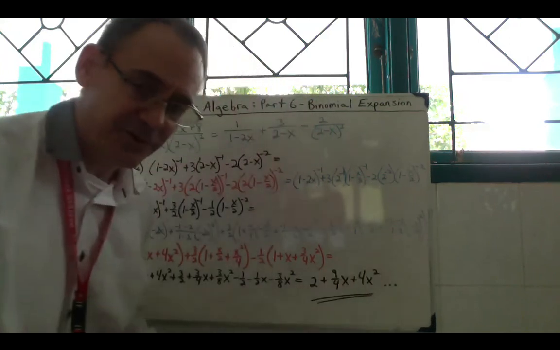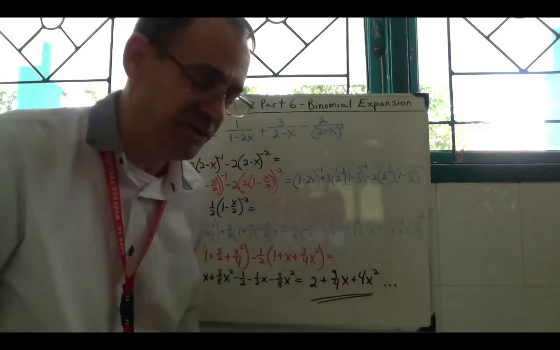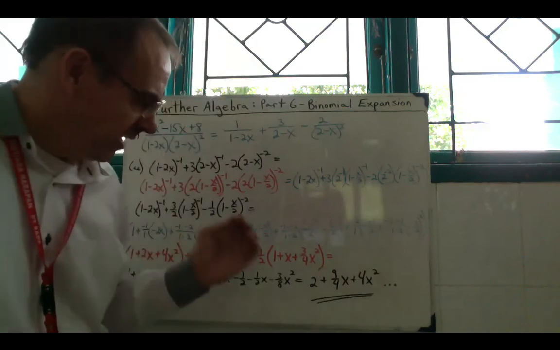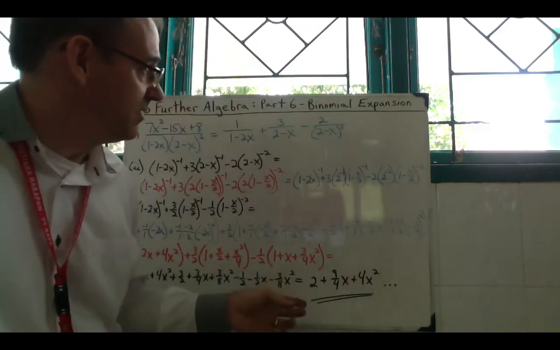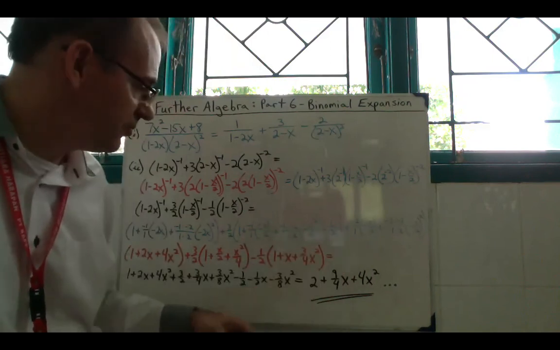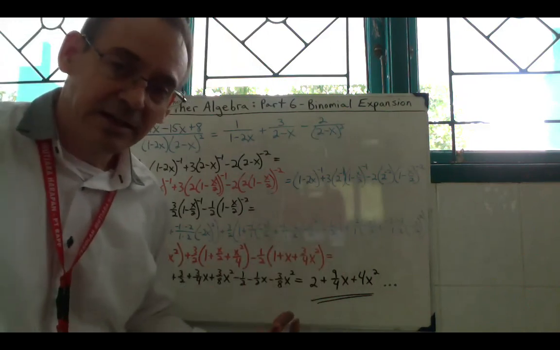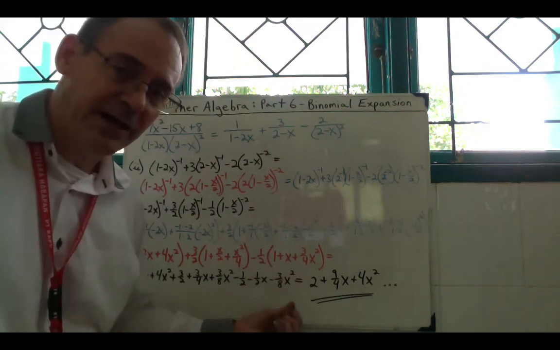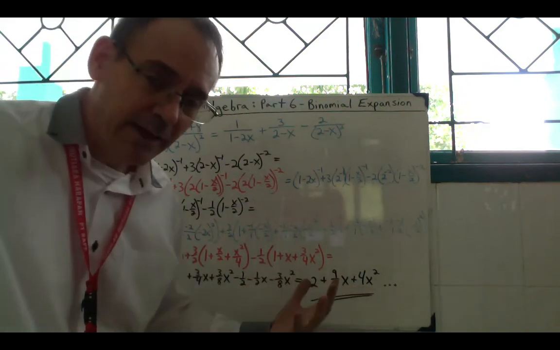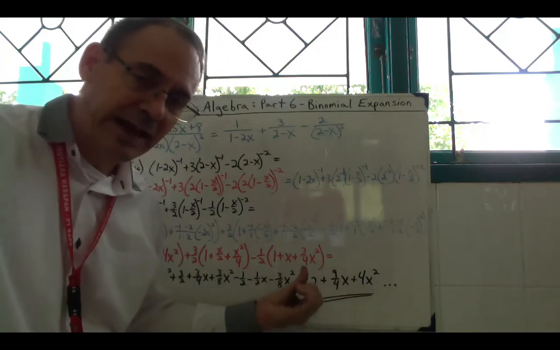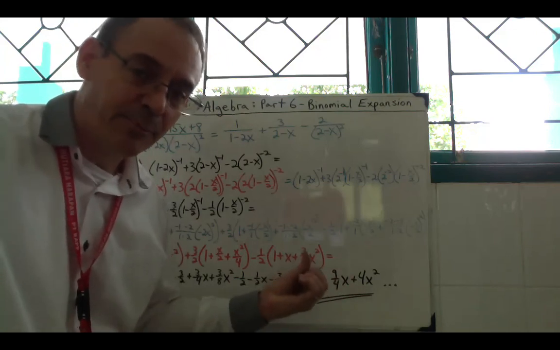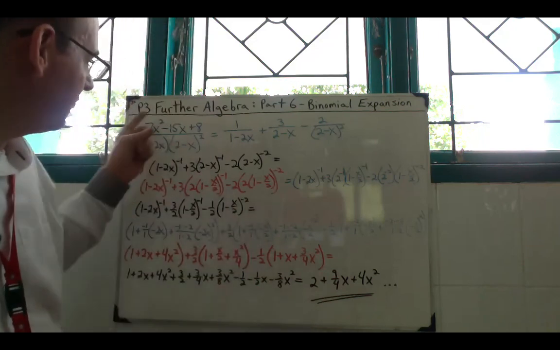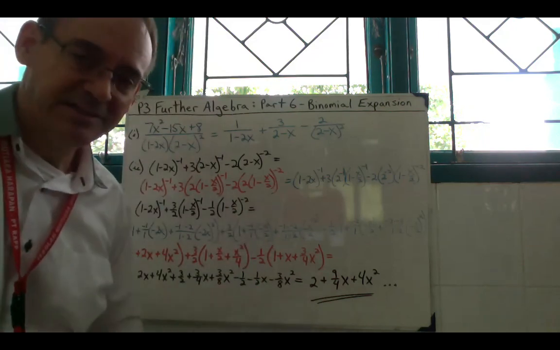You only need the first three terms there, but it does continue on. And again, pay attention to the values for which it is valid. In other words, the set of values that will give you an accurate approximation of this original statement.